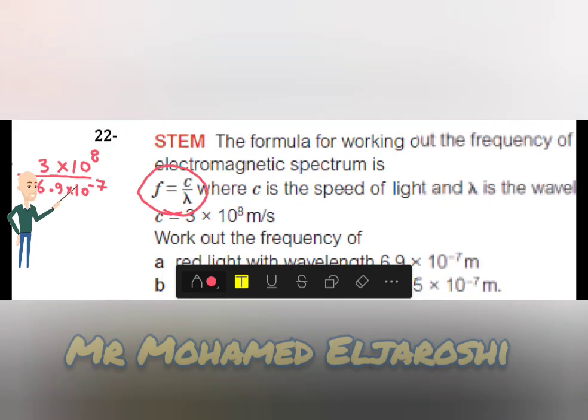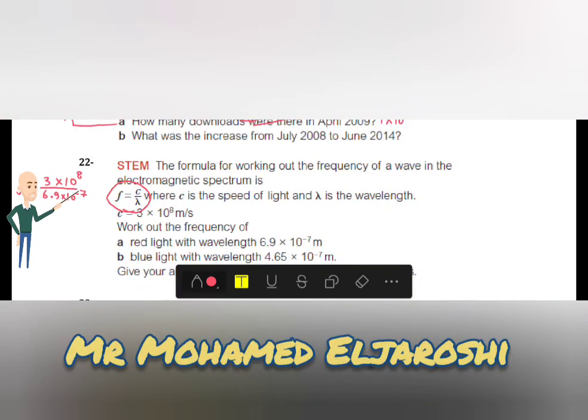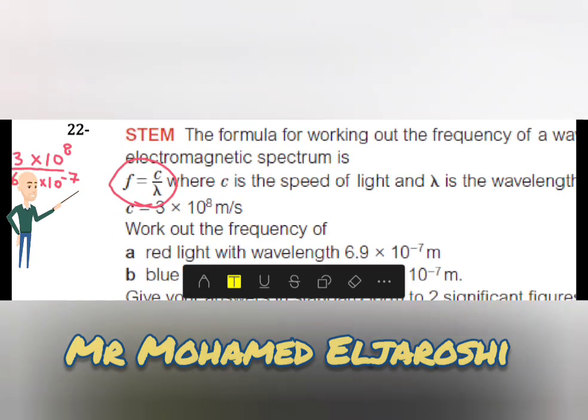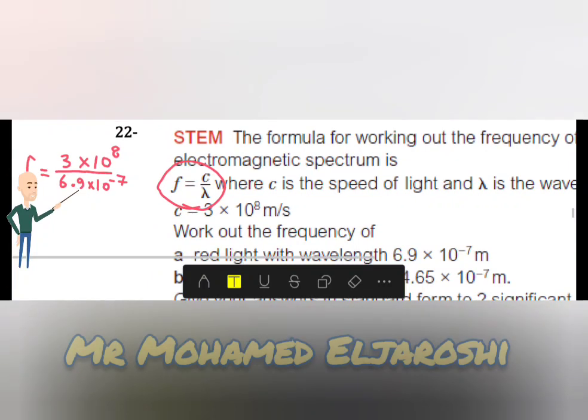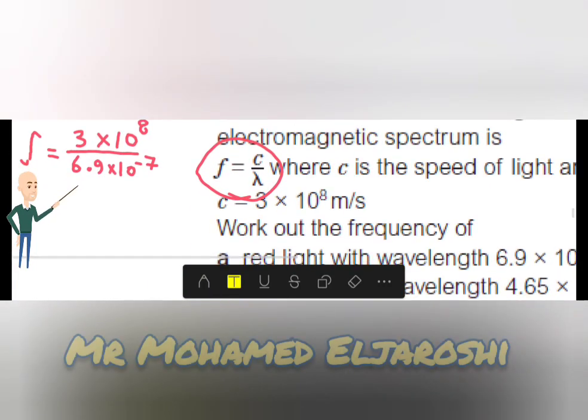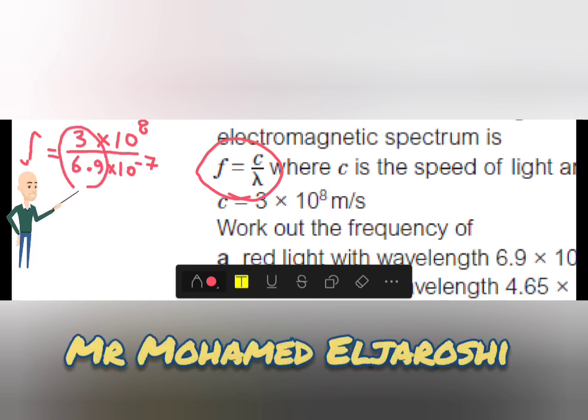Now, let's come here, okay? So to answer this question here, we just have to divide them on each other and make them in standard form. So we're going to divide the 3 over the 6.9 and write the answer. So 3 divided by 6.9 equals 0.434.